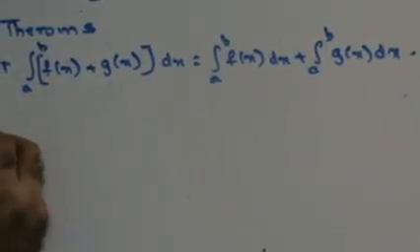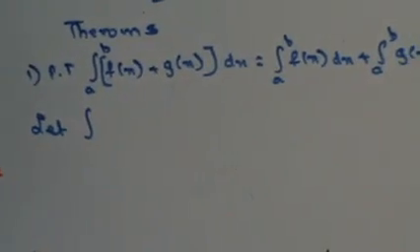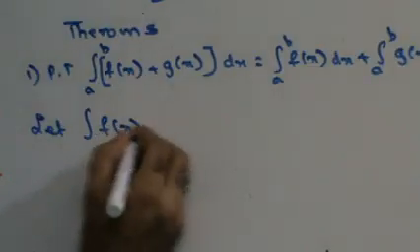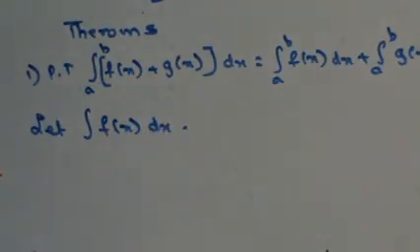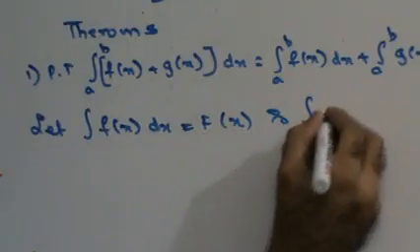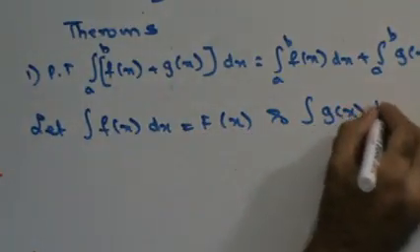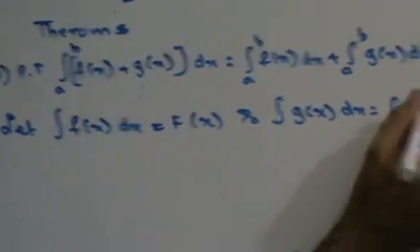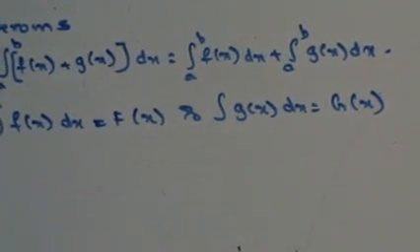Let us assume, guys, that the integral of f of x dx is capital F of x and the integral of g of x dx is capital G of x, right?